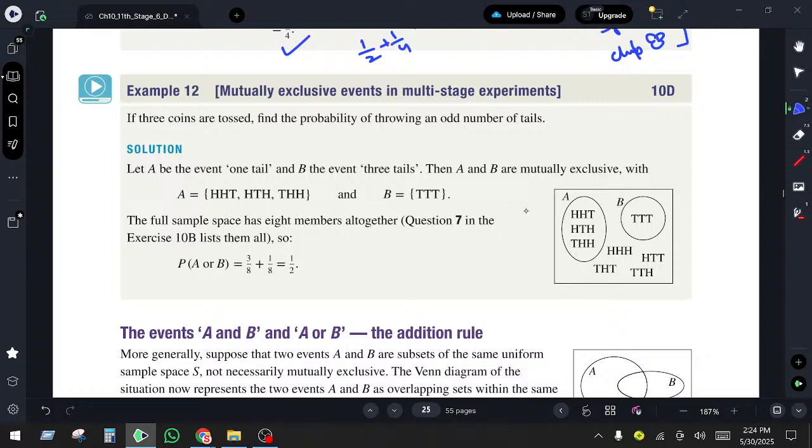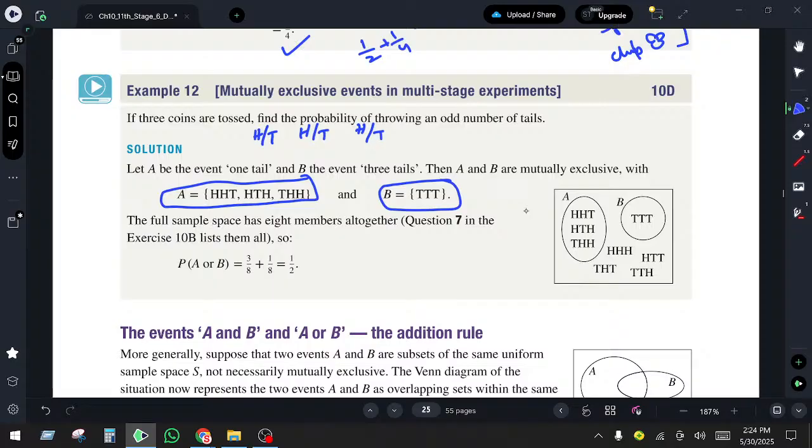An odd number of tails means either one tail or three tails. One tail cases are HHT, HTH, THH. Three tails is TTT.